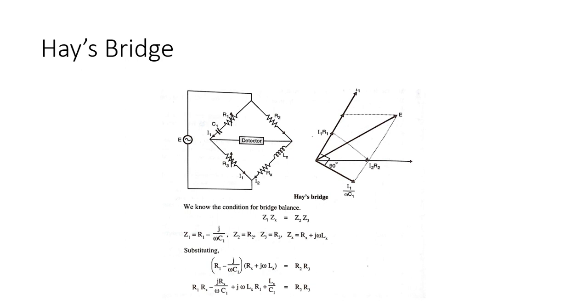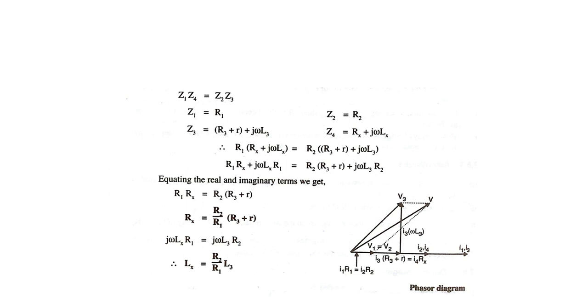The same terminology is used over here. Capacitance is dominating here, so I1 is getting some extra phase lead with respect to E. If you use these basic concepts in upcoming diagrams, then you will understand the phase difference between voltage and current. Now let us continue with the Maxwell's bridge equation.